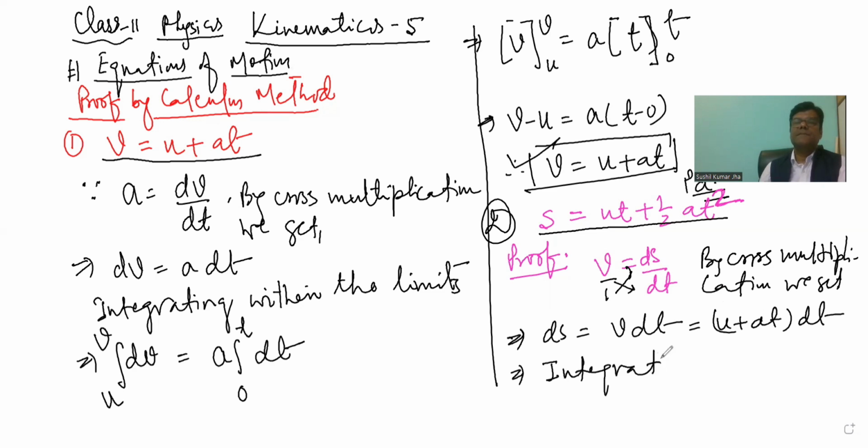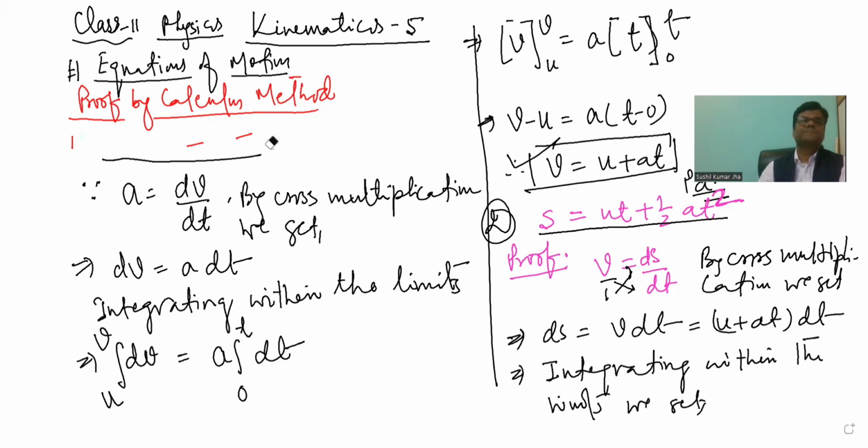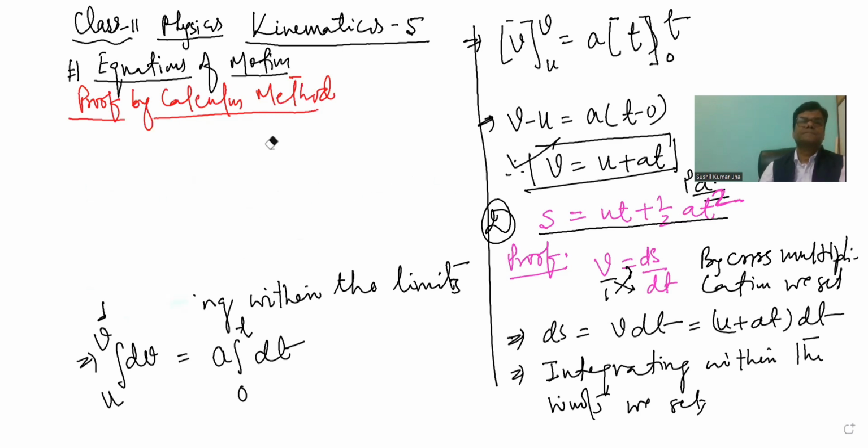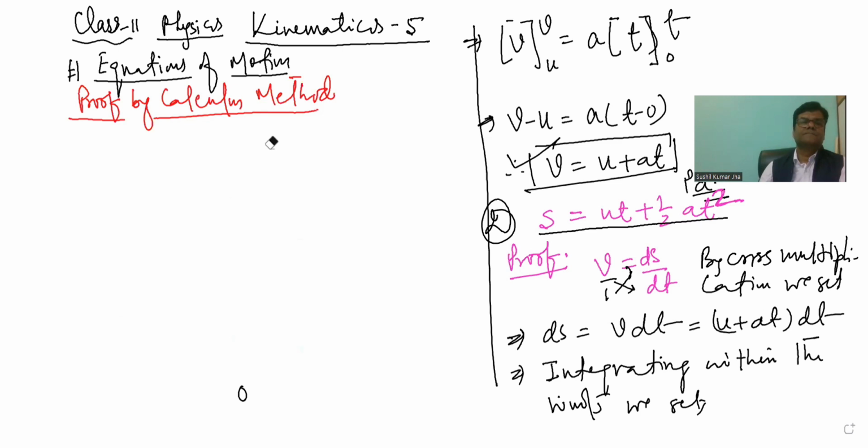So integrating within the limits, it becomes ds integration, then u into dt multiplying, so dt is variable, plus a into t dt.